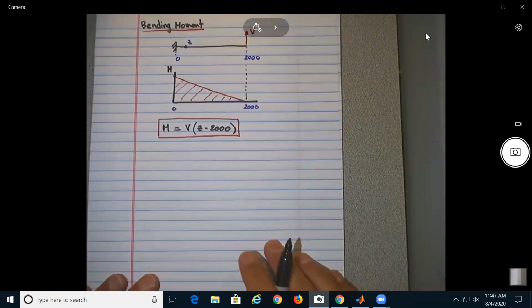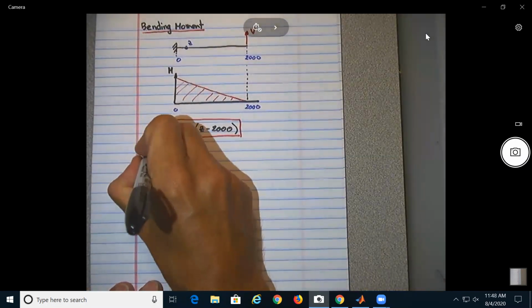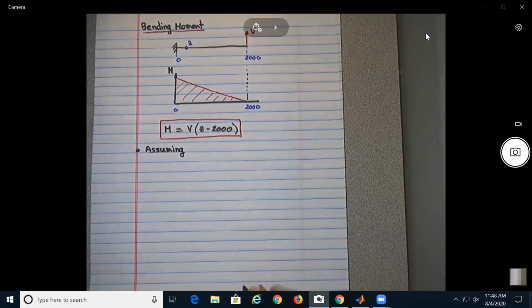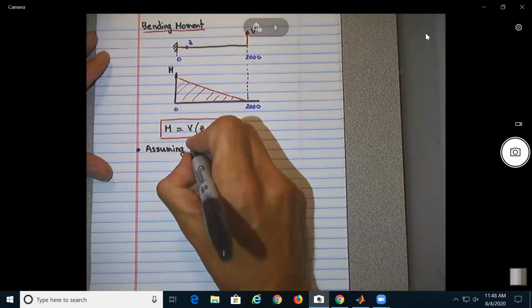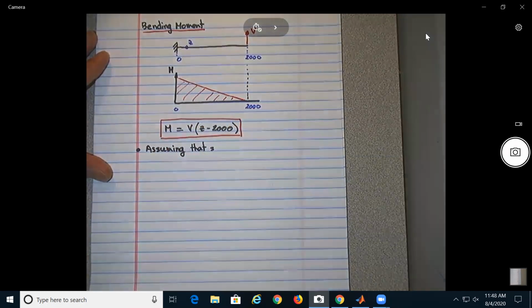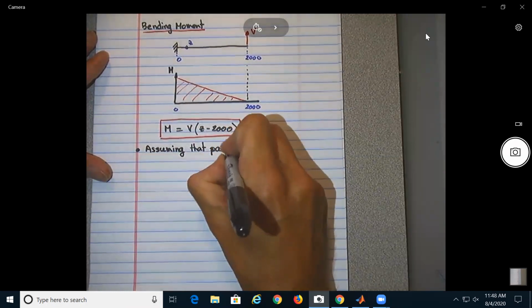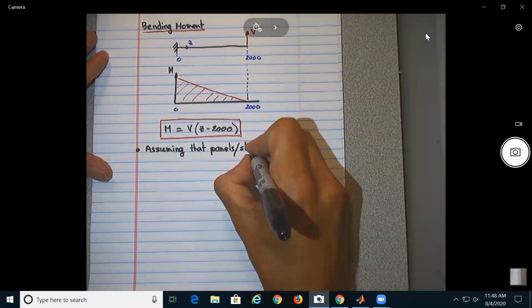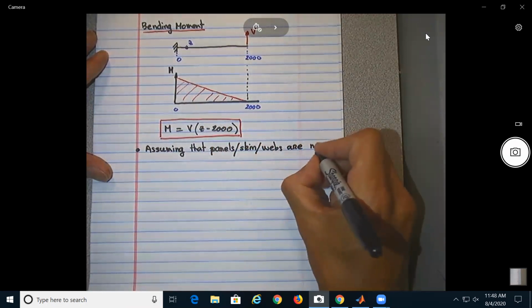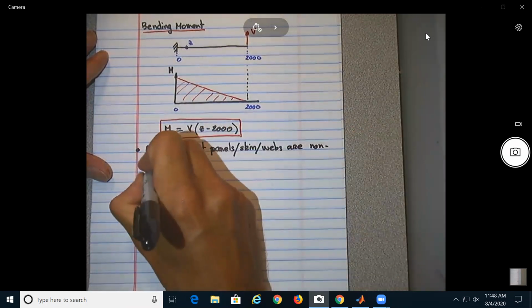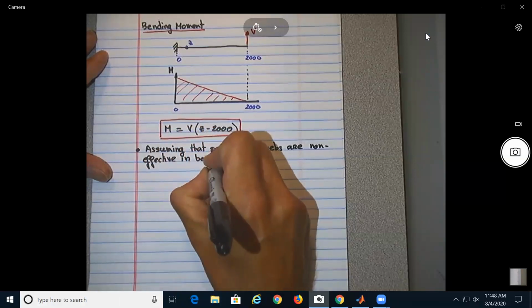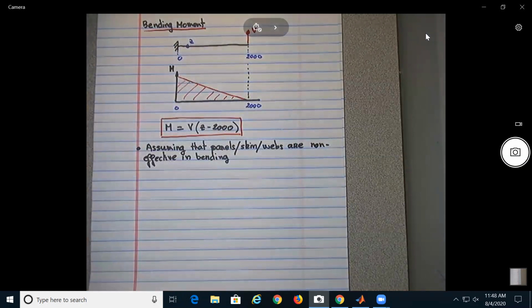All right, so let us here assume that shear panels, skin, webs are non-effective in bending, which is what we have been calling case 1.